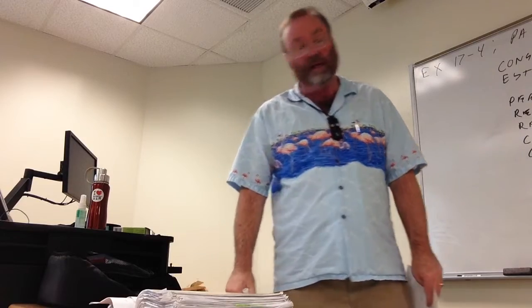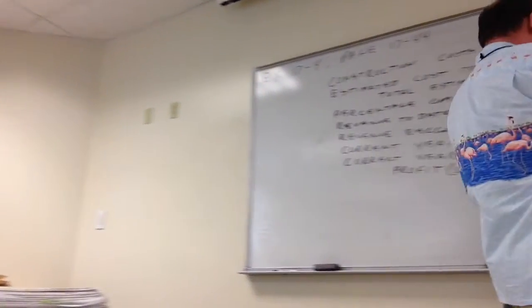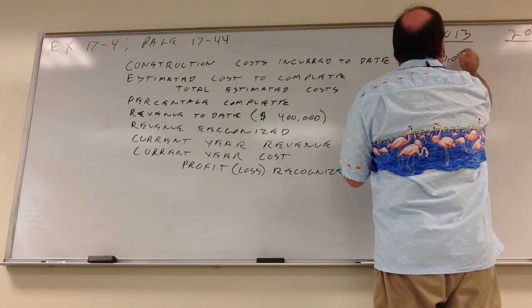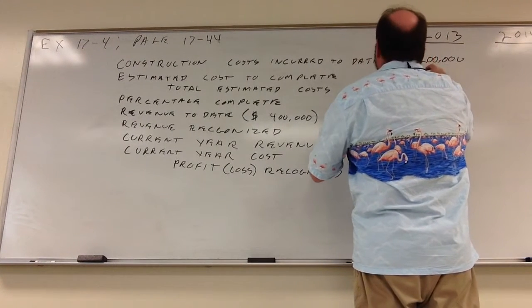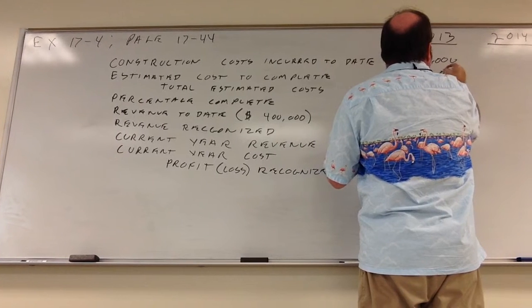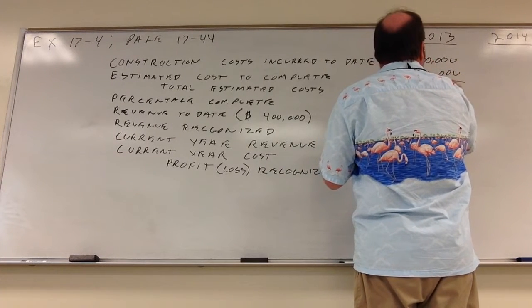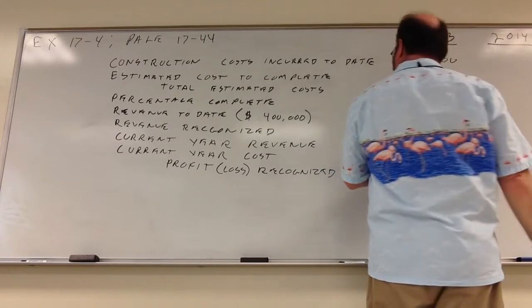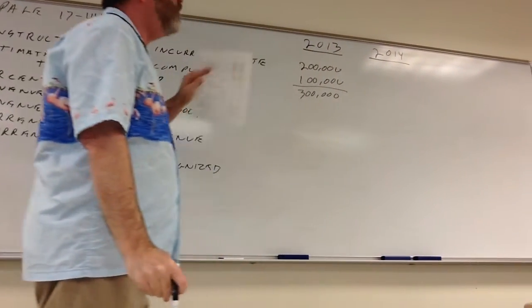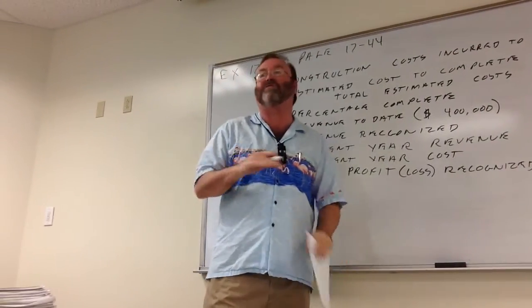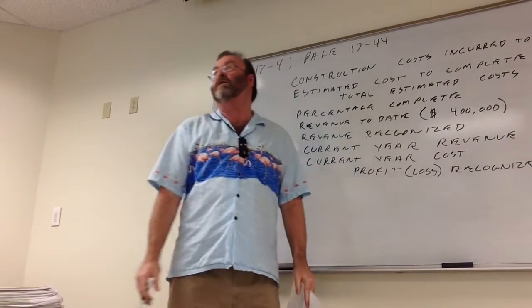So cost incurred and the estimate to complete. At the end of the first year, we had incurred $200,000 in cost, and we estimated that we had $100,000 left. A total of $300,000. All right, so we're at the end of the first year, we're expecting to make $100,000 in profit on this contract.